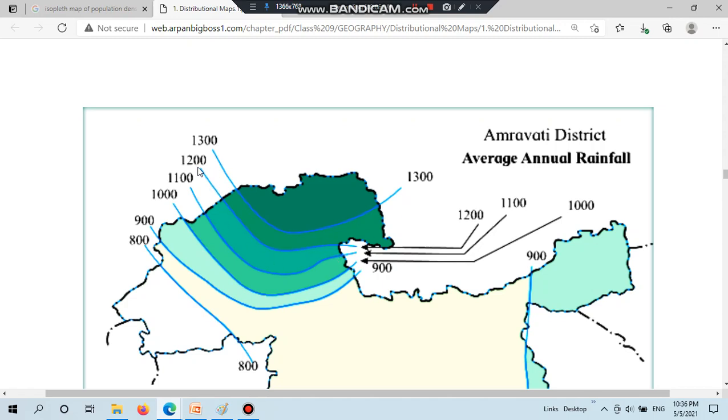But population has never been uniformly distributed throughout the line and zone. So to show the population data through the isopleth map is not error free.